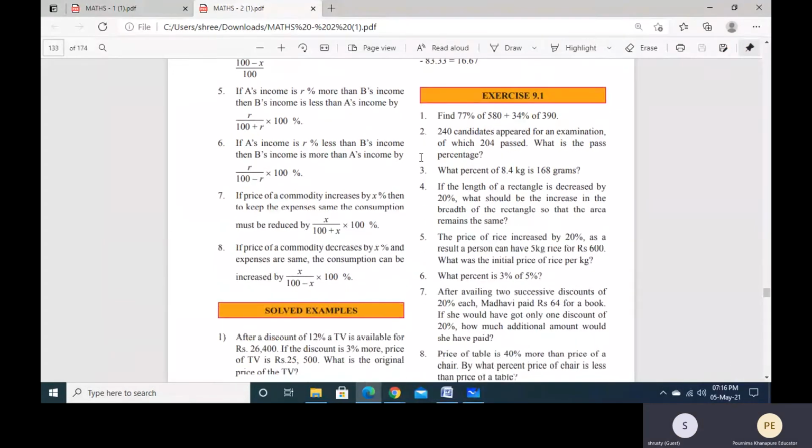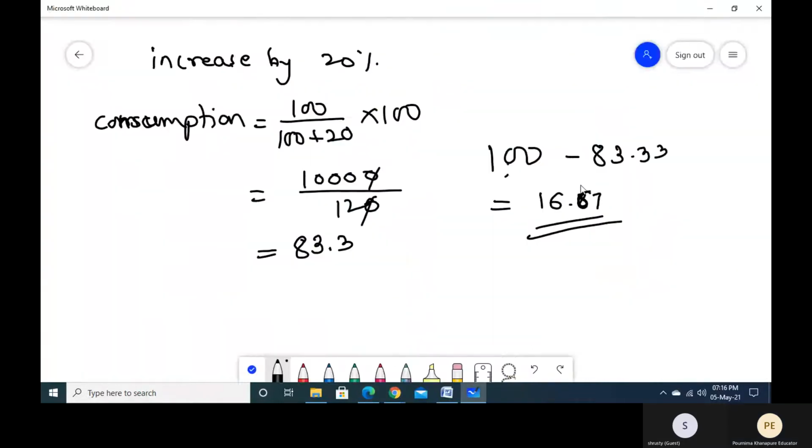Okay. The first one is very easy. You need to find 77%, then 34%, and add them. The second one is: 240 candidates appeared for an examination, of which 204 passed. What is the pass percentage? Very simple.